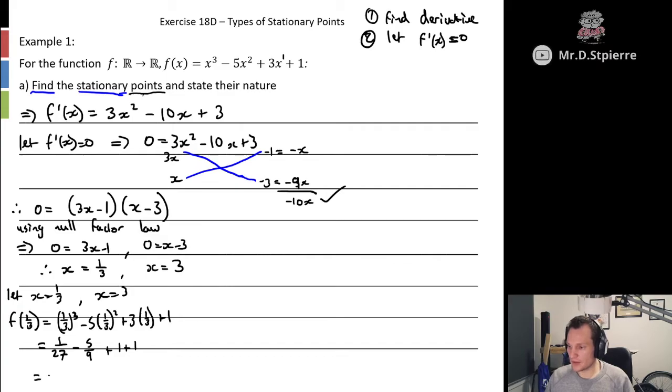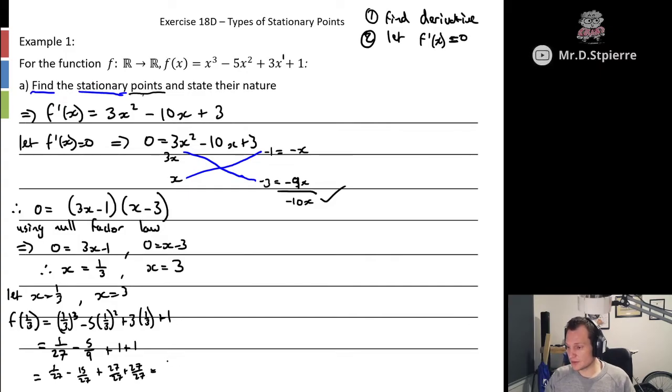So from that we're going to have to make these all over 27, so times by 3 for the 5 over 9. So we get 1 over 27, take away 15 over 27 plus 27 on 27 plus 27 on 27.